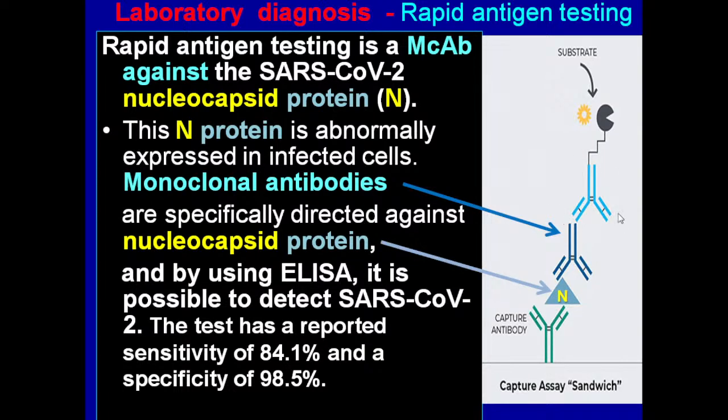And then we use the universal anti-human antibodies labeled with some enzyme, and give substrate to reveal the visual reaction, right? And then it is possible to detect SARS-CoV-2. It is believed that the test has high sensitivity, 86%, but the specificity is even higher, 98%.